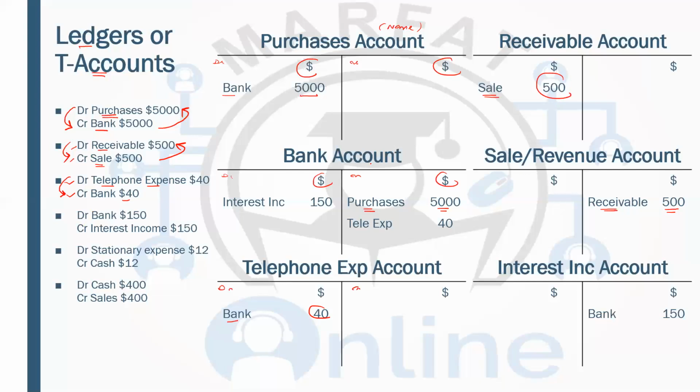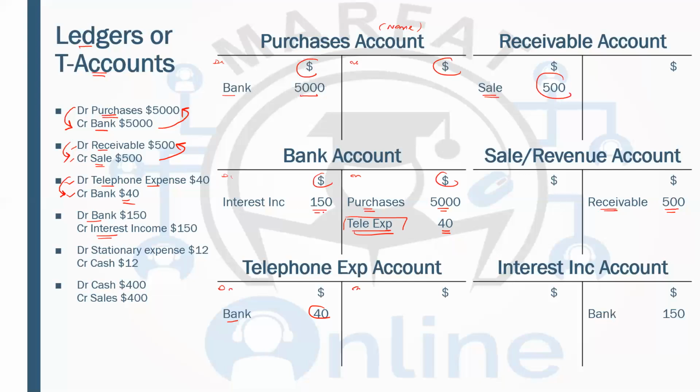And similarly, if you see the bank account, the bank account is being credited by 40, and where we have used this 40, we have paid for the telephone expense. So if we are not putting the opposite references, then you are not going to understand which transaction we have done.